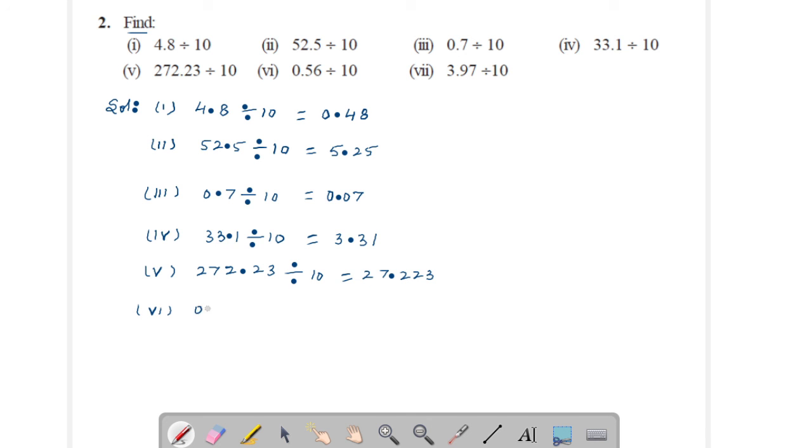It is 0.56 divided by 10. Here in 10 there is 1 zero, therefore the decimal will shift towards left hand side one digit. This can be written as 0.056.